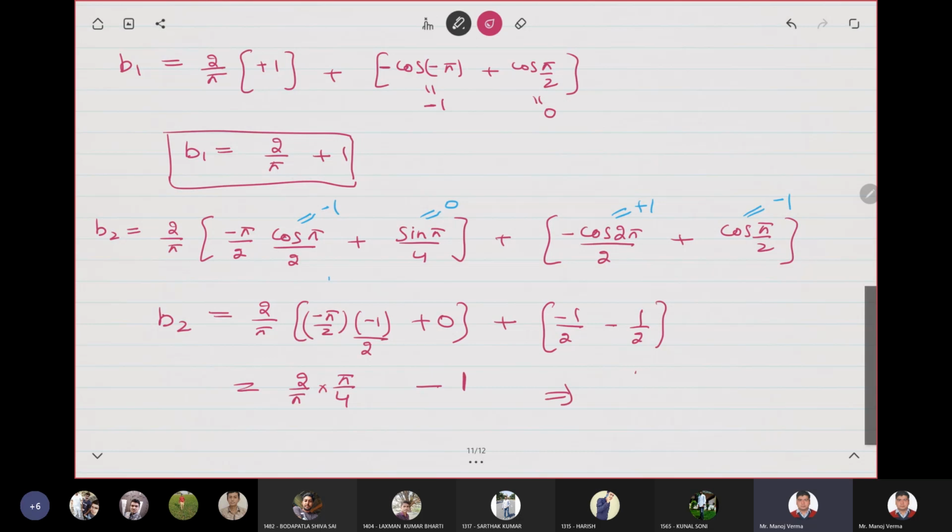So it will become 1 over 2 minus 1, which will become minus 1 by 2. So the value of b2 is coming to be minus 1 by 2, where the value of b1 was 2 by pi plus 1.